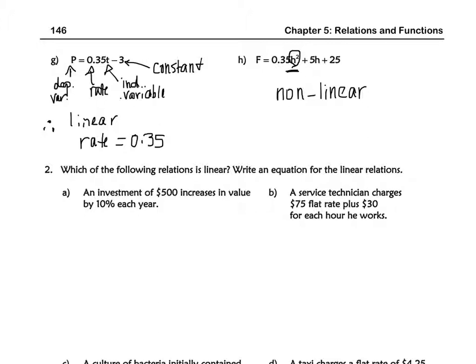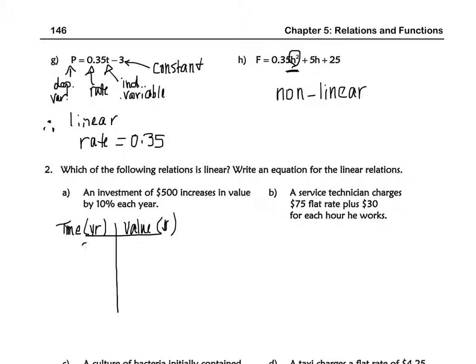So in this case, we have an investment of $500 that increases in value by 10% each year. If we have our independent and dependent variables assigned, we would know that the value of the investment depends on the time. So the time, in years, would be our independent variable, and the value in dollars would be our dependent variable.